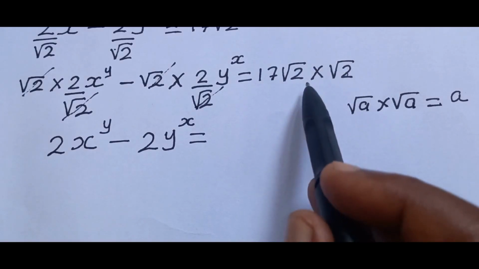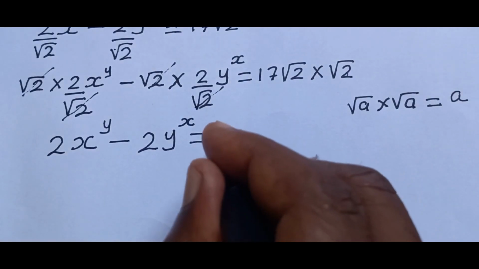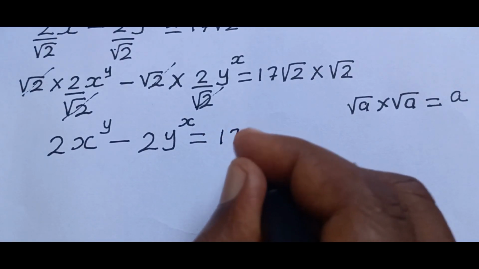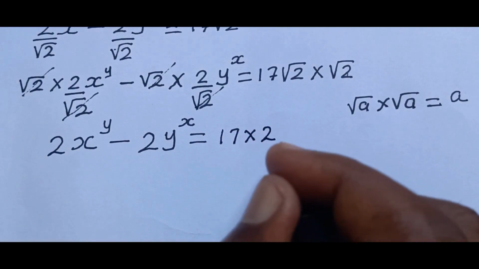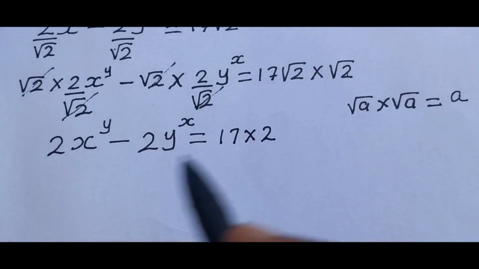Obviously, the answer is 2 by using this law of exponents. So we have 17 times 2. Here we have 2, here we have 2. Factor out 2.